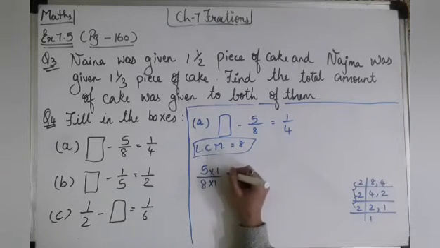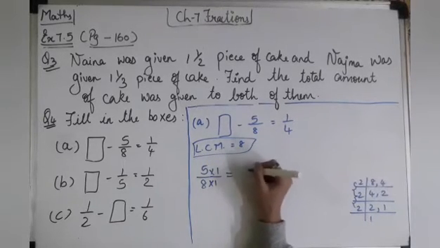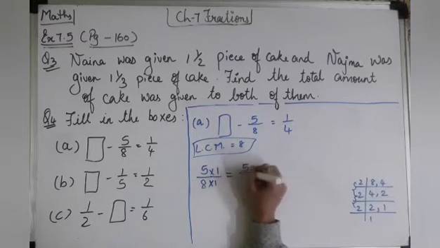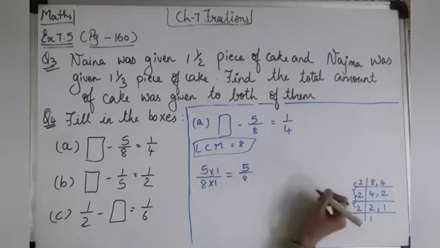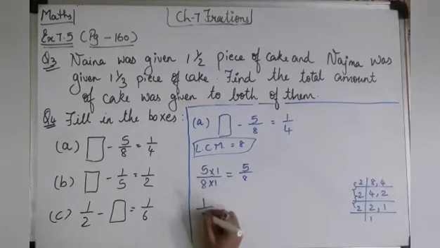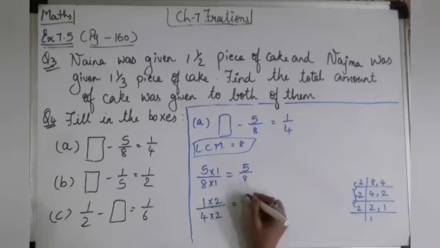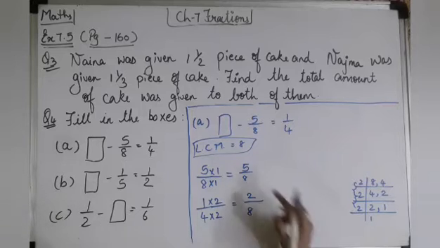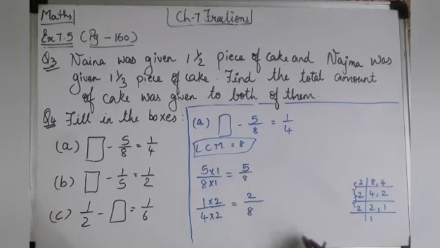In numerator also I will multiply by 1. So 5 and 8 ones are 8. Then it comes to 1 upon 4. By which number will I multiply 4 to get 8? Multiply by 2. Numerator also 2. 1 2s are 2 and 4 2s are 8. So as you can see, denominators are same.